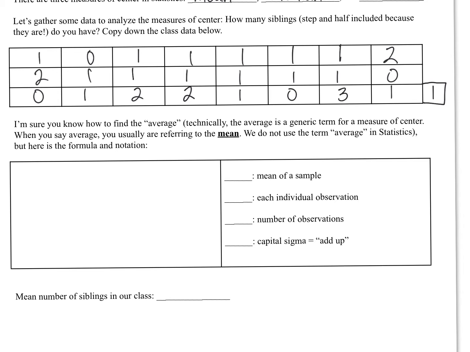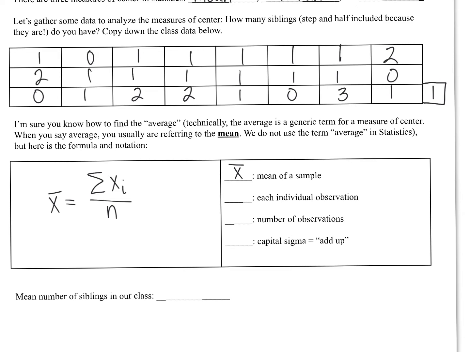So the formula for mean. In the past, you may have just been told add up all of the numbers and divide by the total. But in statistics, we come up with formulas for things. The formula for calculating the mean is x bar equals sigma x sub i all over n. I am going to go over what each of these represent. x bar is the symbol that we're going to use for mean of a sample. And it is important here that we are distinguishing that it's a sample.